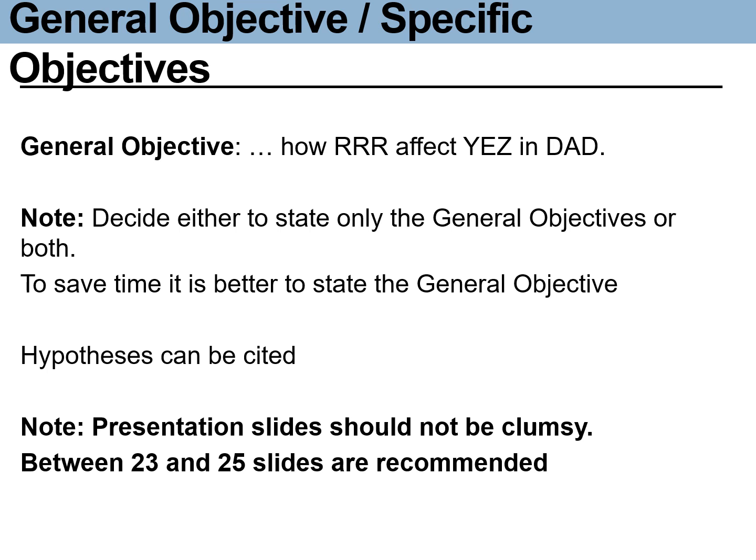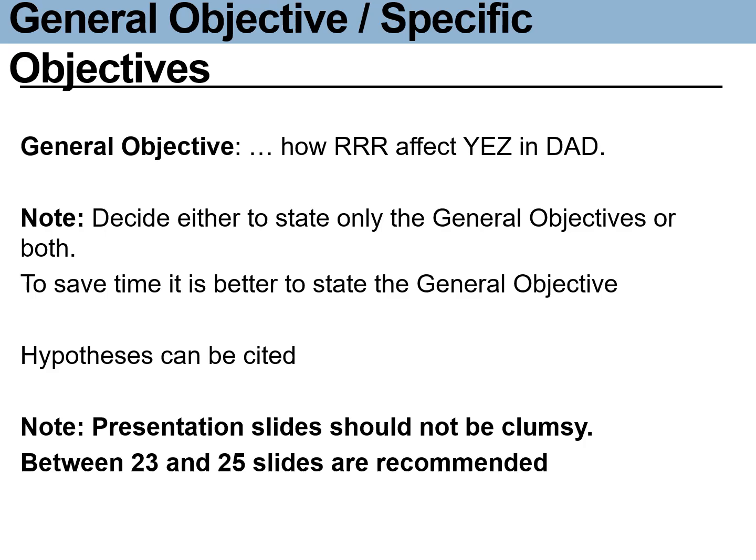Because we are looking at the ability to manage your time, and also to avoid clumsiness in your slides, you either decide to state only the general objective or both. To save time, it's better to state the general objective. Hypotheses can be cited, but along the line you can see my hypotheses in the subsequent slides on the interpretation of data.